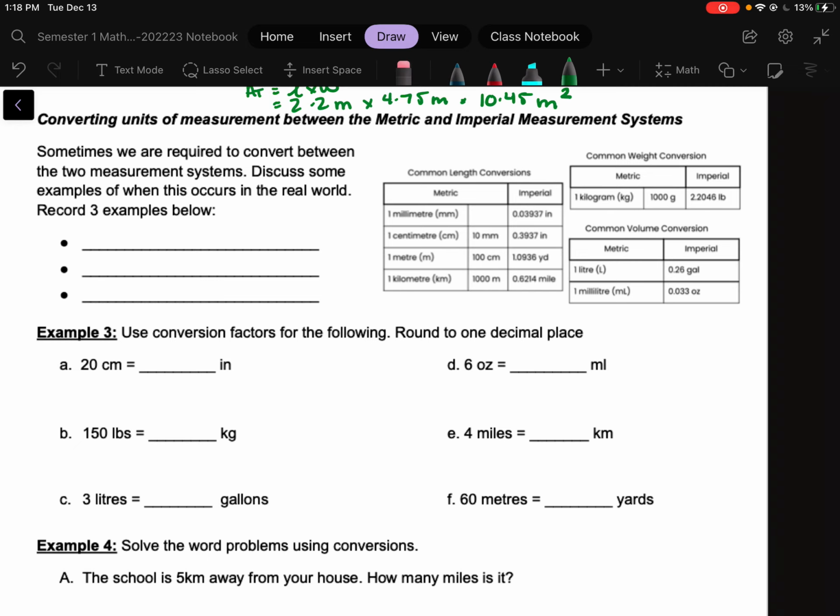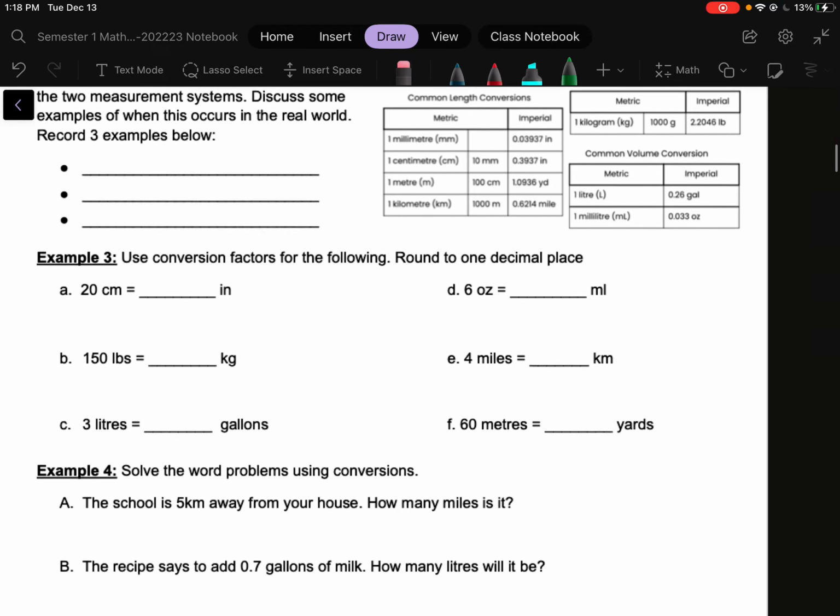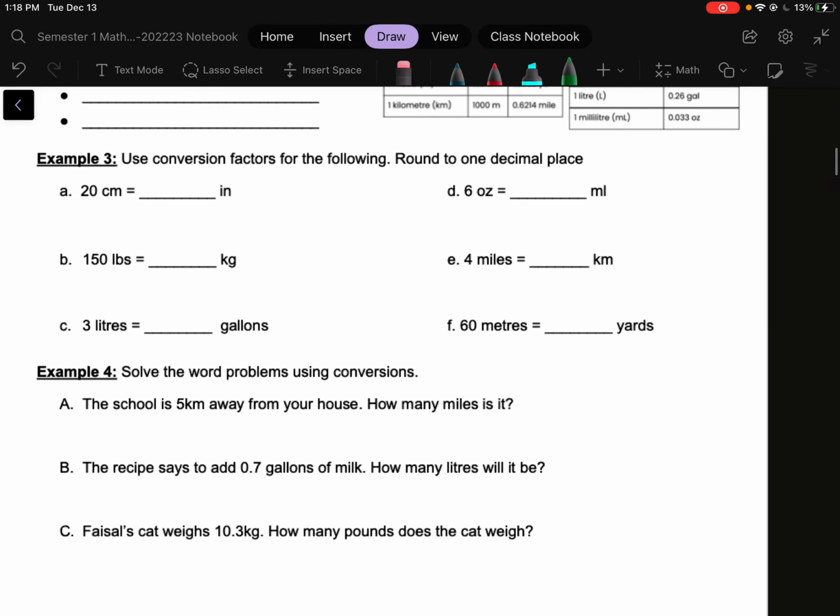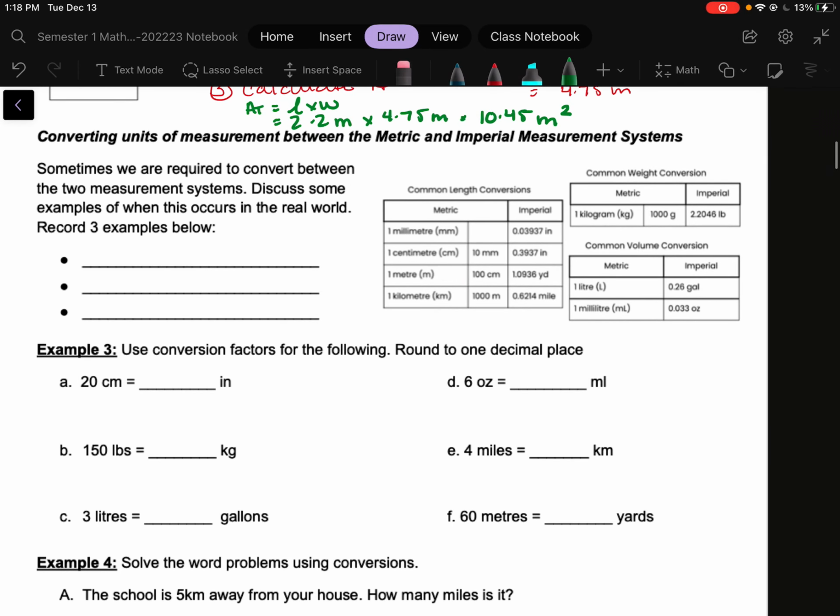Now, sometimes we do require to convert between the two measurement systems. So I want you to think of some examples of when this would occur in the real world. And on the right-hand side, that is the conversion chart. In this situation here, we're going to look at converting centimeters into inches. We can see we have our metric and then we have our imperial system.